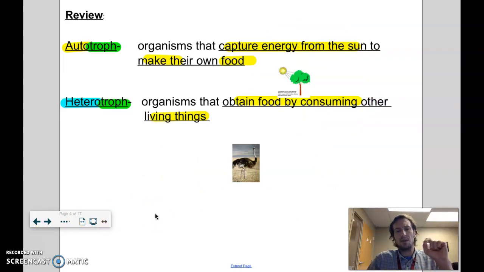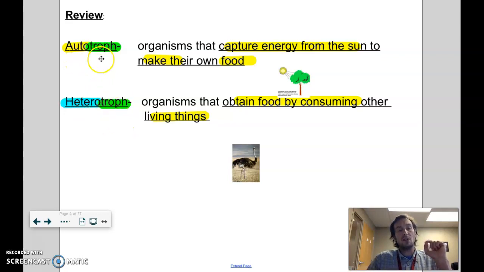But a little review of terms, hopefully you recall from 7th grade, but if not, from certainly yesterday, you looked at some of the root words. Auto, just like in automatic car, right? Auto means self. Troph means eating or feeding, to eat. Hetero means different, and again, troph there.